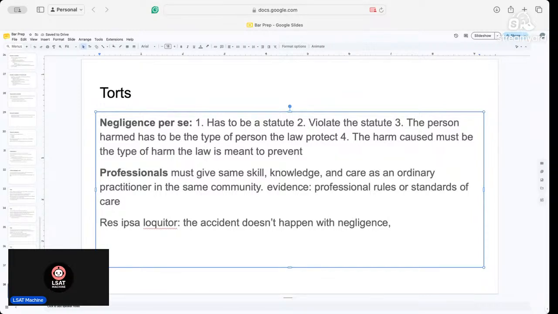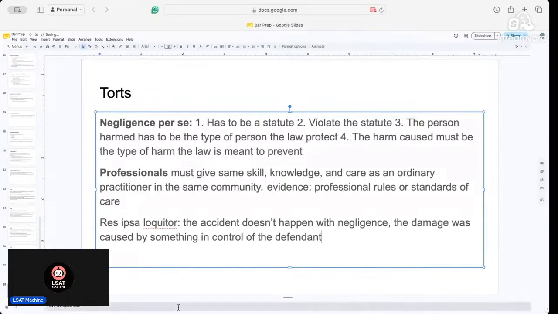The damage was caused by something in control of the defendant. Meaning you need to sue the person who had control of the piano at that time, if a piano fell out of the building. And the plaintiff, not.